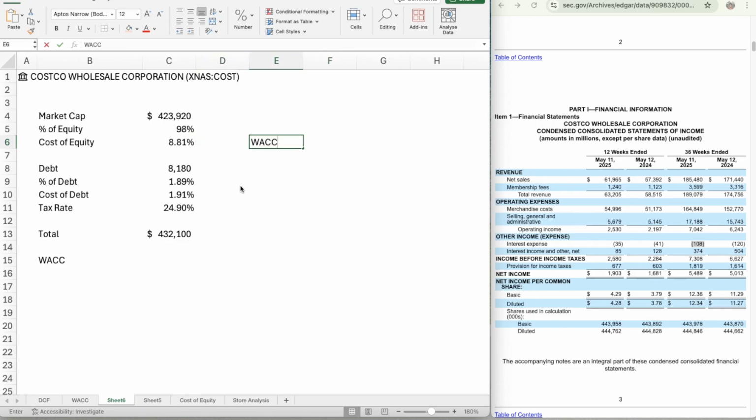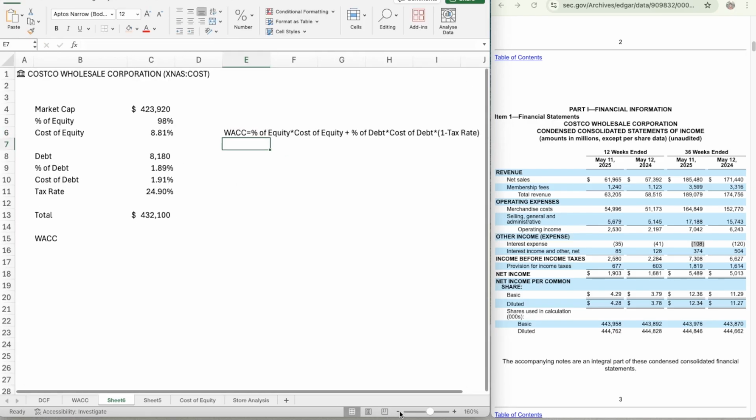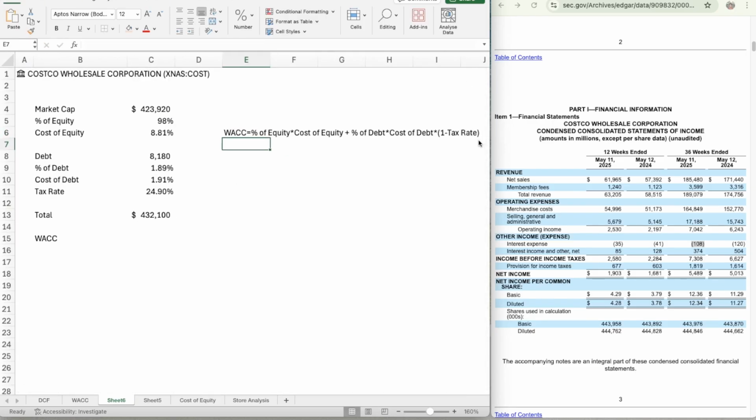Now let's calculate the WACC. The WACC equals the percentage of equity multiplied by the cost of equity plus the percentage of debt multiplied by the cost of debt multiplied by 1 minus the tax rate. So let's do that now.